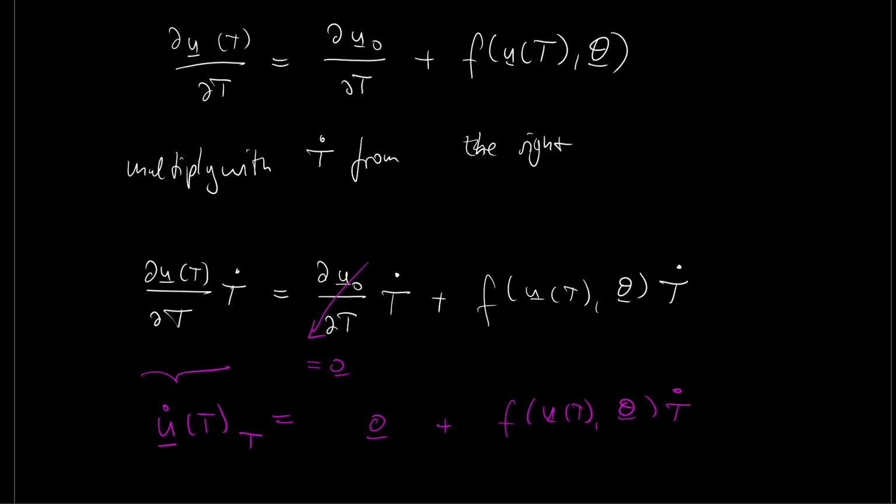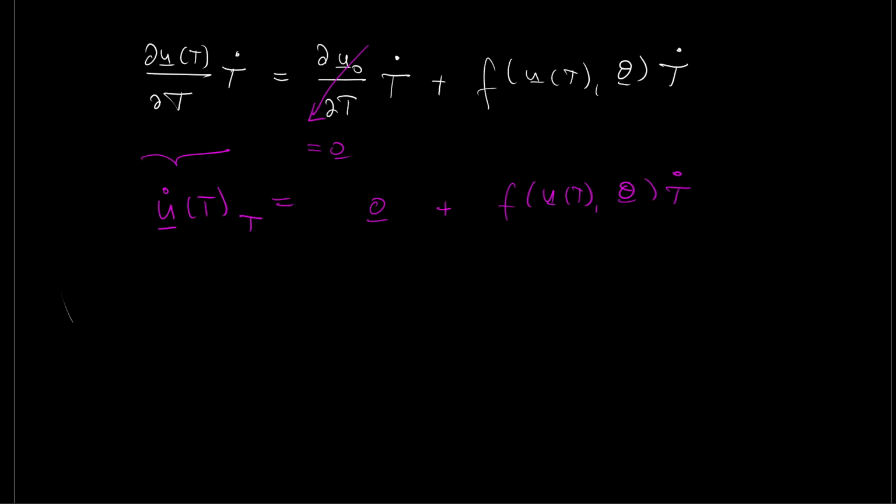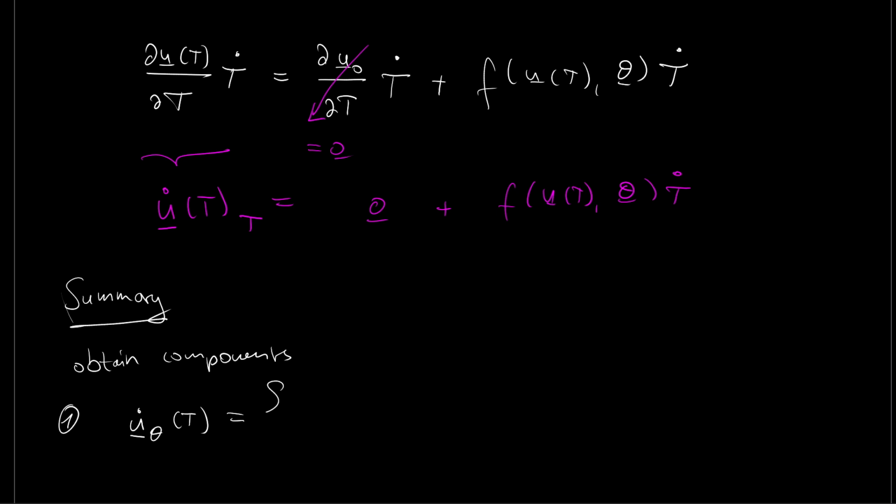Okay, let's summarize that. We now have our three contributions down, so we can write down a summary, and we will obtain all the components for our push forward. The first component is the tangent contribution from theta at the capital T point. So this will be a vector, and this one is the integration of the ODE.